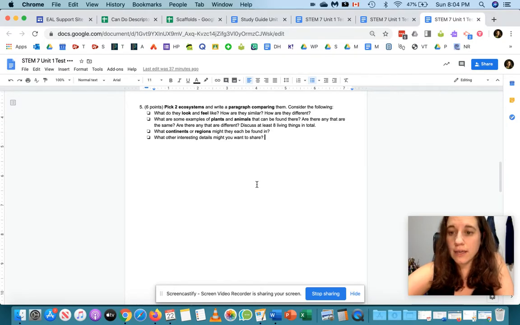Now, I will say that we've decided to give sentence stems and frames to all students as much as possible. So moving forward, when we give this test again next year, if we stick with the same curriculum, I will add in sentence frames as well. I found with all language learners, even at the higher levels, it helps them focus on what they need to make sure they answer in a question.